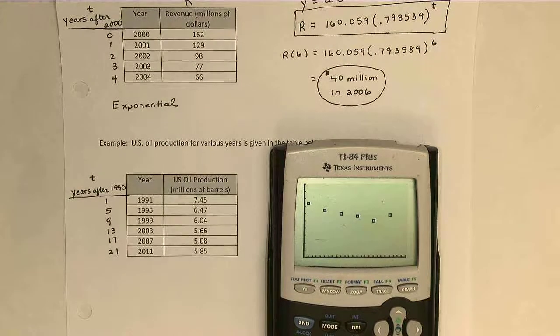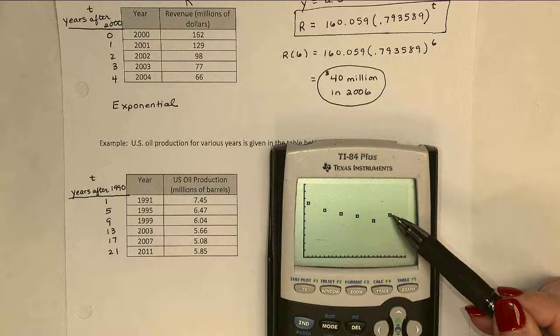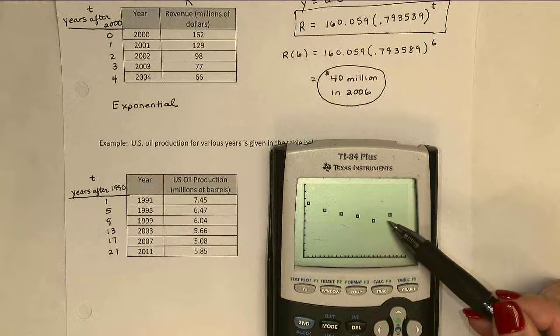All right, couple things about this. First of all, I'm going to notice that it's really not perfect for anything, but this is one of those where I'm really kind of saying that either a quadratic or an exponential model is probably a reasonable fit for the data. What's happening here is right at the end, it looks like it started to come back up.